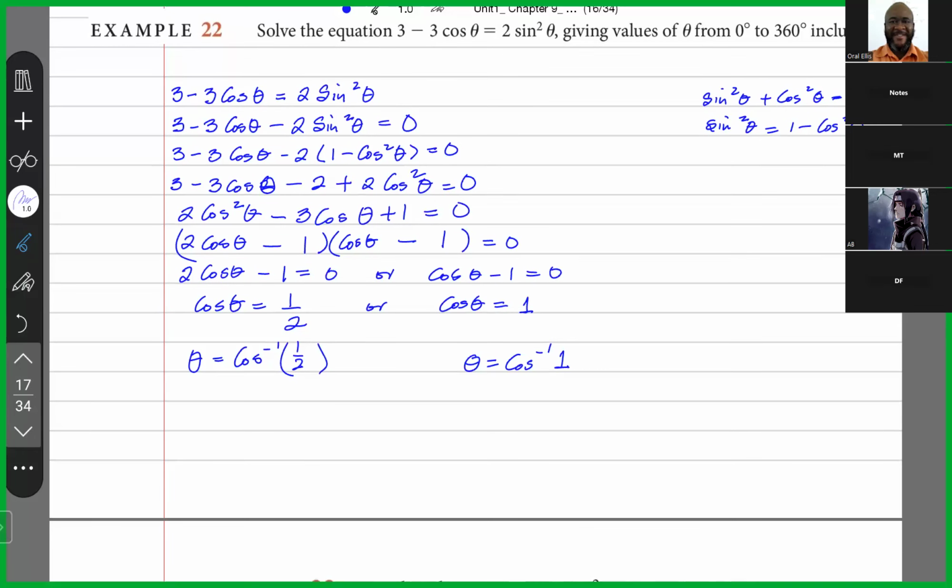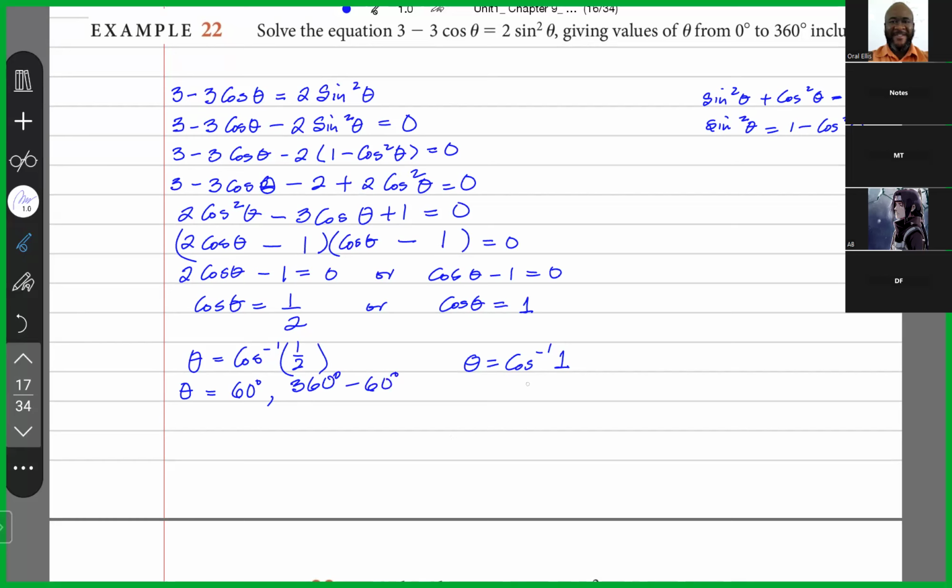The cos of 60 degrees is a half. So cos inverse a half will give you 60 degrees. So theta is 60 degrees. That is my answer in the first quadrant. And my answer in the fourth quadrant is going to be 360 degrees minus 60 degrees.